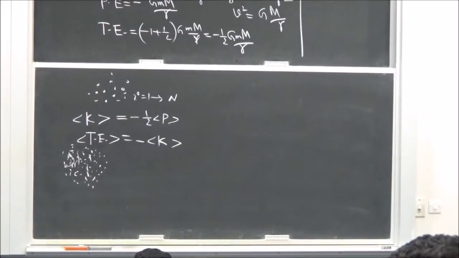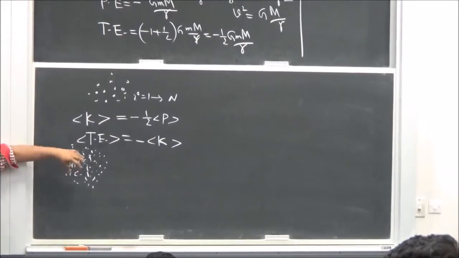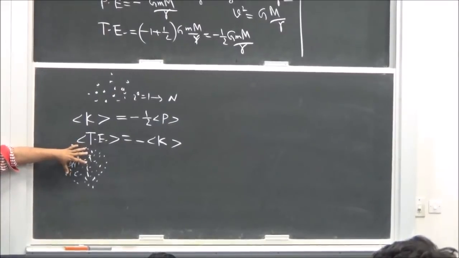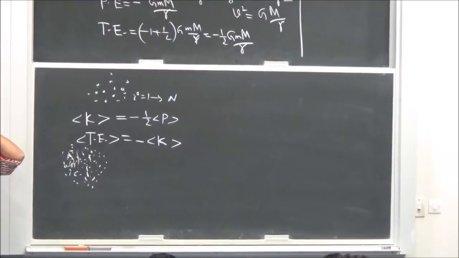So that emission of radiation is decreasing your total energy. So this dust cloud, which is actually a very established way of forming stars, evident theoretically and by observations, begins from a dust cloud, and simply because it is interacting gravitationally, it's radiating slowly.